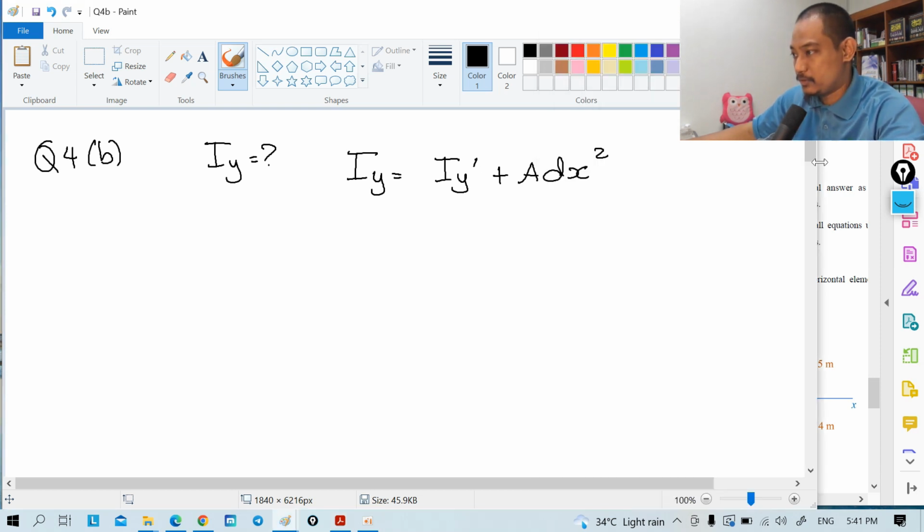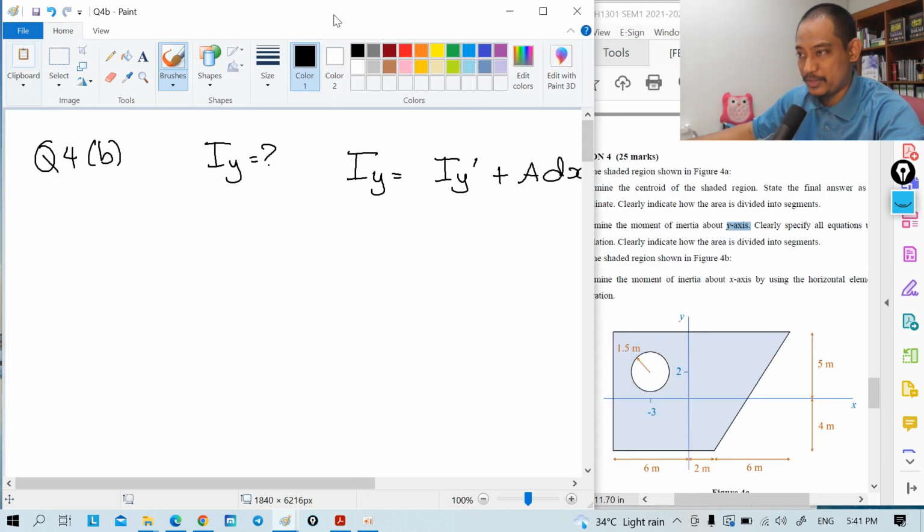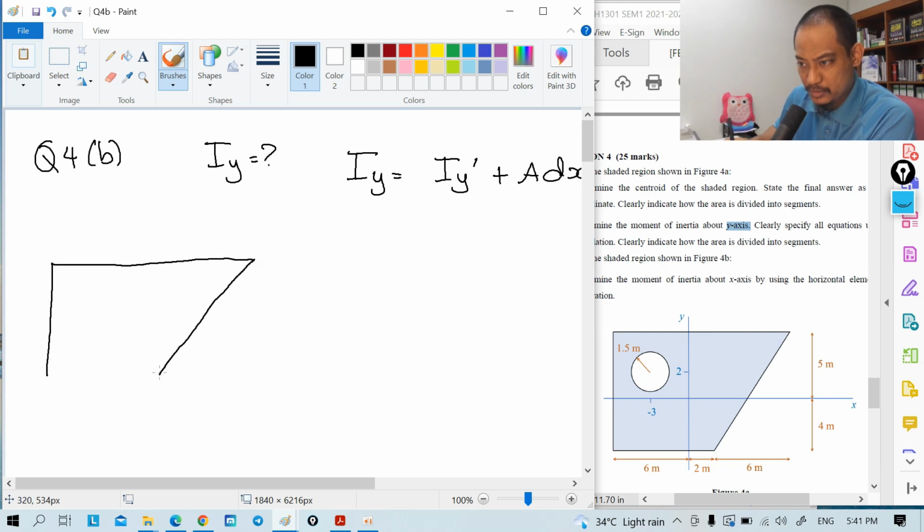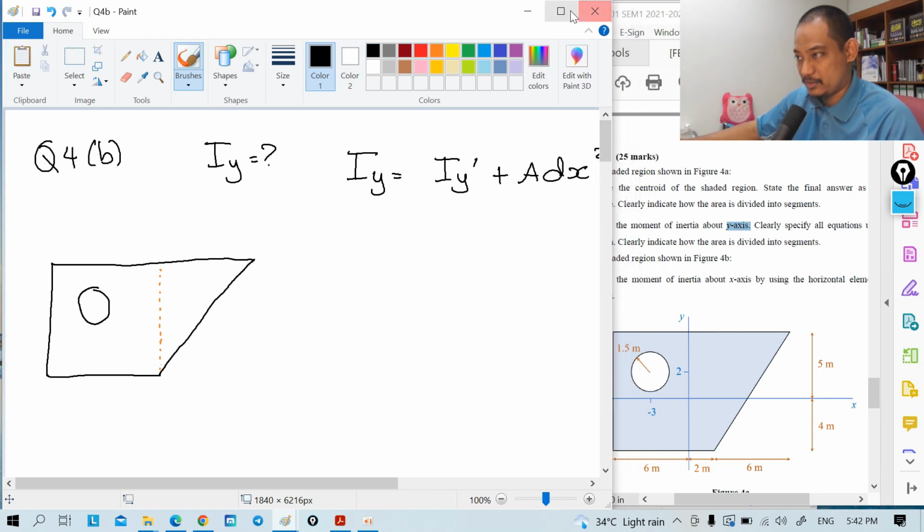Now, based on this, we'll draw. Just like the previous question, the way you divide is up to you, meaning whether you want to add or subtract, etc. Right? So this is going to be divided as such. Alright. Basically, I need all the space here.